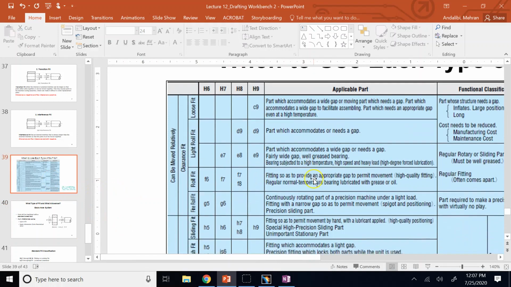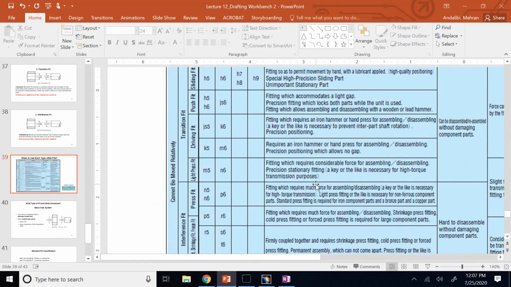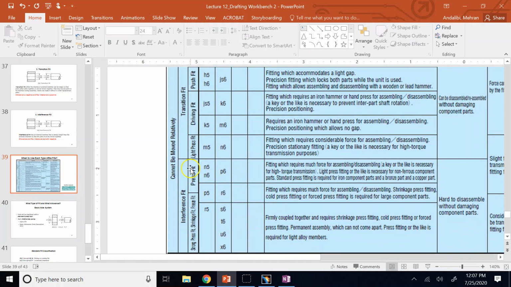Interference fit, where you need to use a lot of pressure and heat. And as I said, we call them press fit or interference fit. And maybe here, these are the very tight categories, S6, T6, U6, and X6. Here, you need a lot of force and heat to make it happen. And this is for parts like what? They are firmly coupled together.